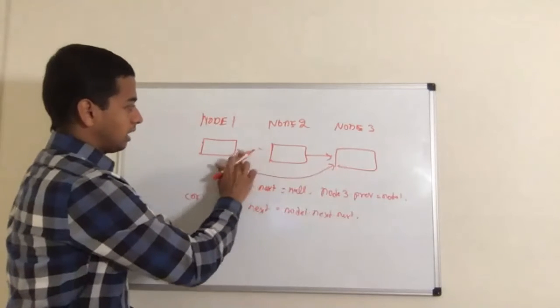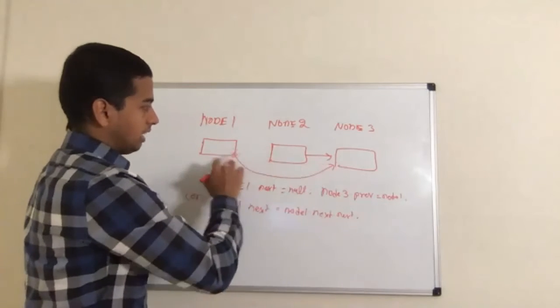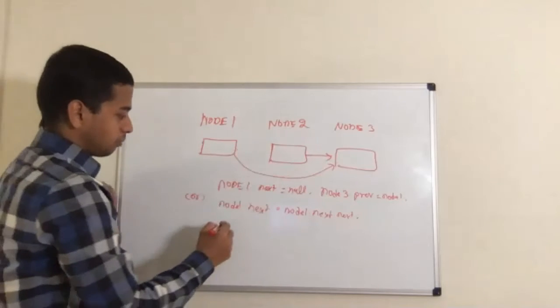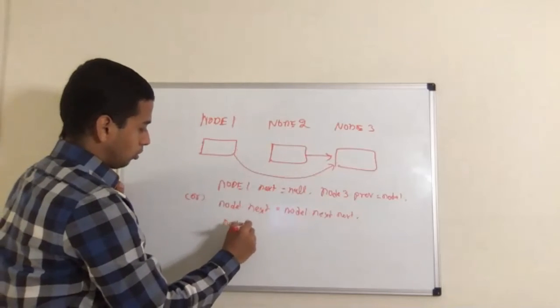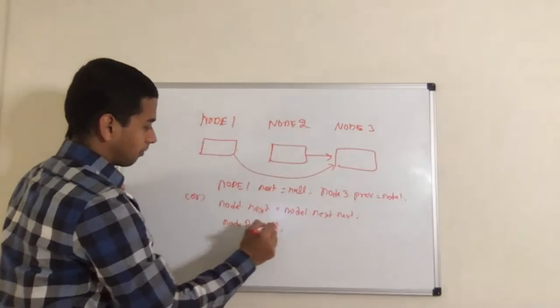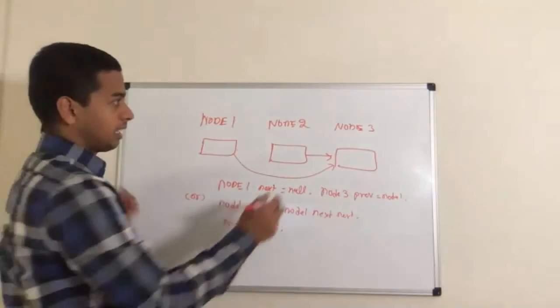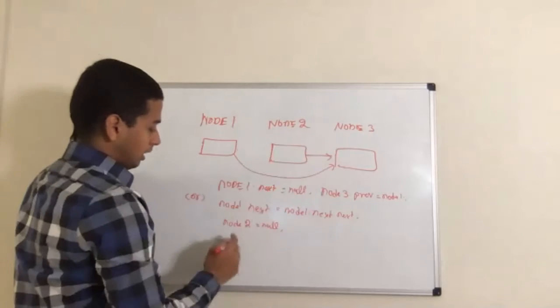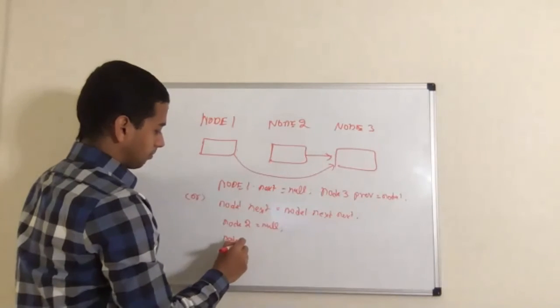So I have removed this link from here and attached this link here. I just have to remove this link now. How can I remove it? I can just make node 2 equal to null. When I do node 2 equal to null, it gets removed. Now node 3 has a pointer. What I can do, I can just remove node 3.